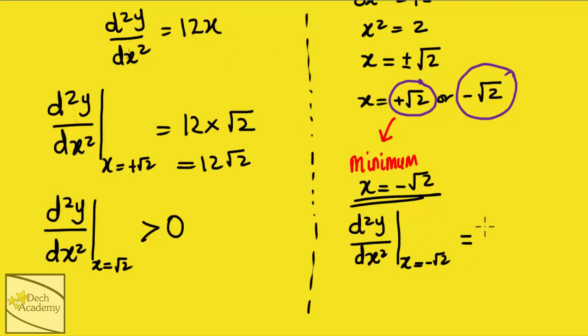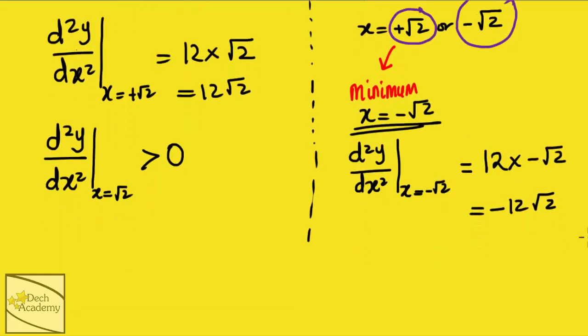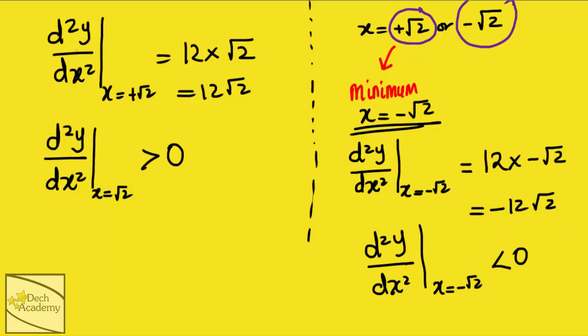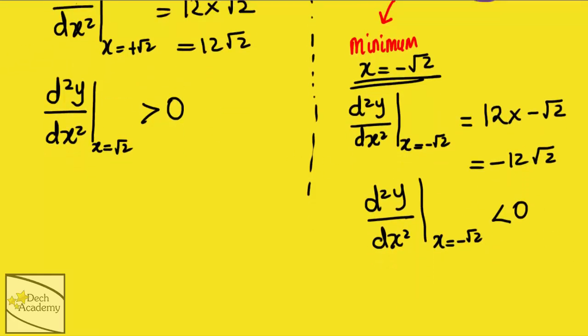In this case, x is minus root 2, so 12 times minus root 2, which is equal to minus 12 root 2, which is a negative number. So d2y/dx2, when x is equal to minus root 2, has a negative value, so it's less than 0. So what you have there is a maximum, according to the rule.